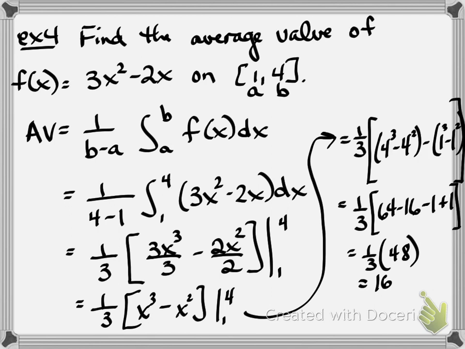Like we're accumulating these areas, we're adding them up. So finding the different speeds would be accumulating them and adding them all up in order to find the average speed.